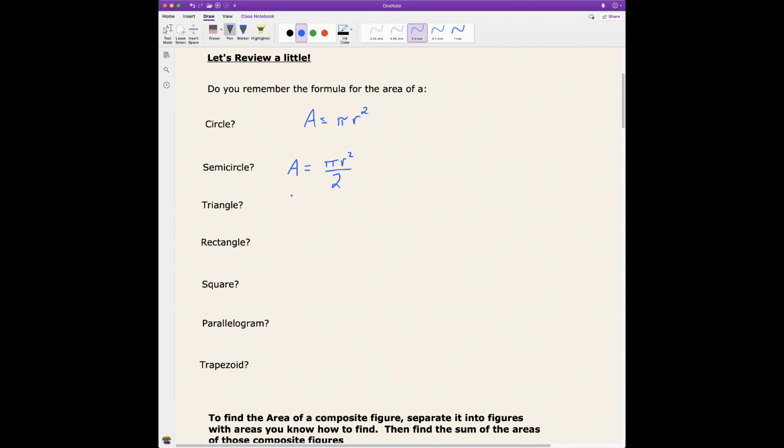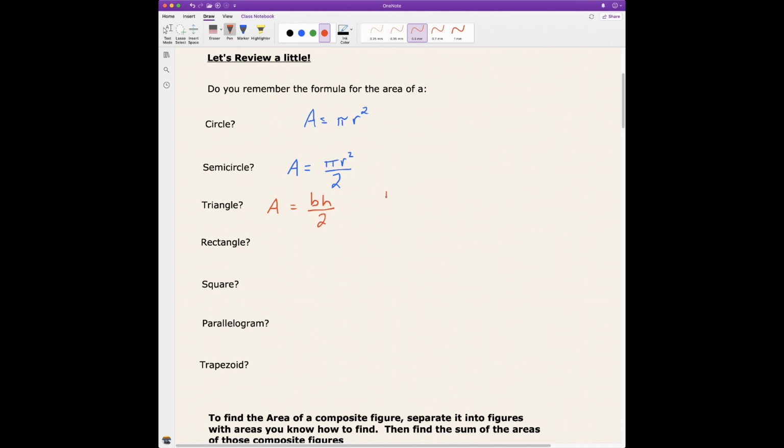What about the area of a triangle? We haven't had to probably use that one in a long time. So do you remember the formula for the area of a triangle? So that formula is area equals the base of the triangle times the height of the triangle, all divided by 2.